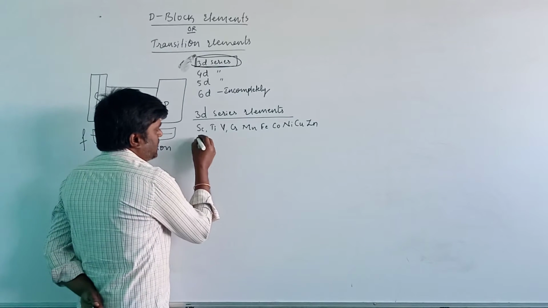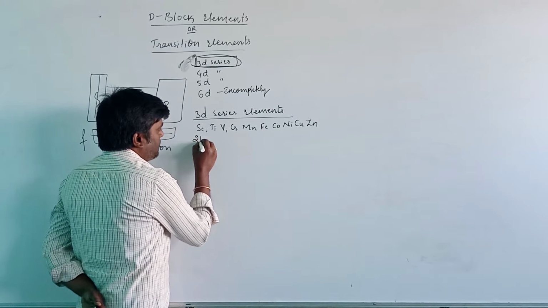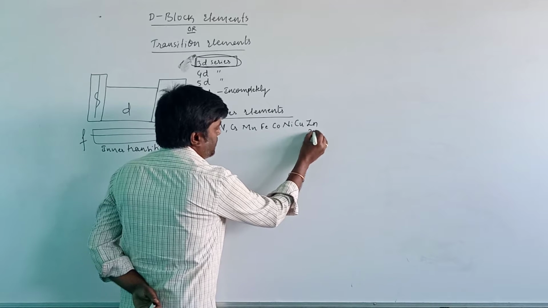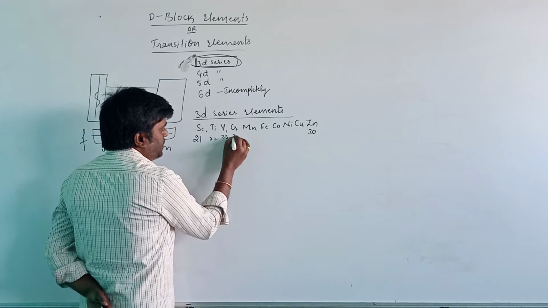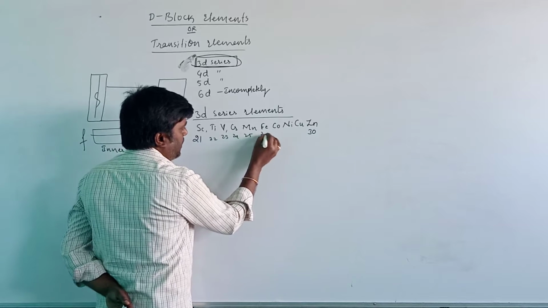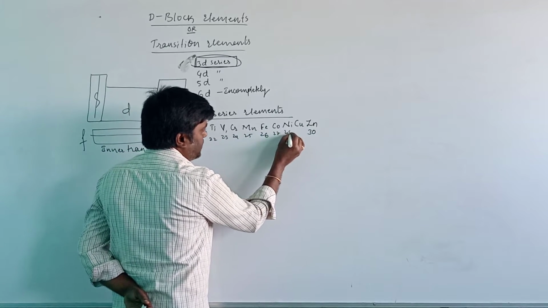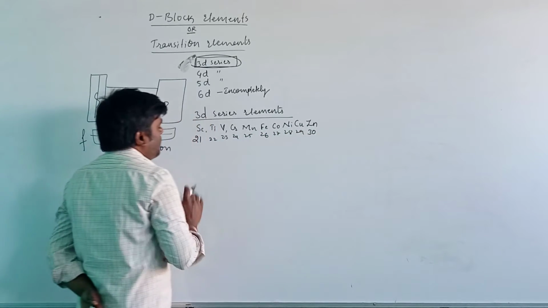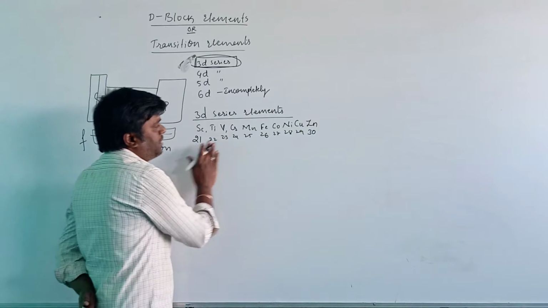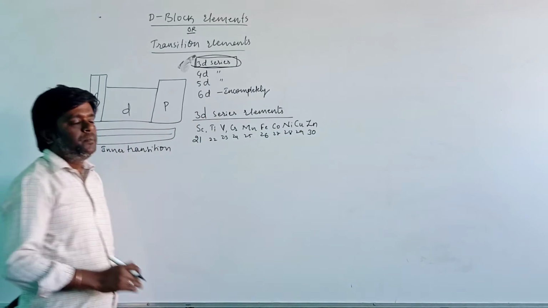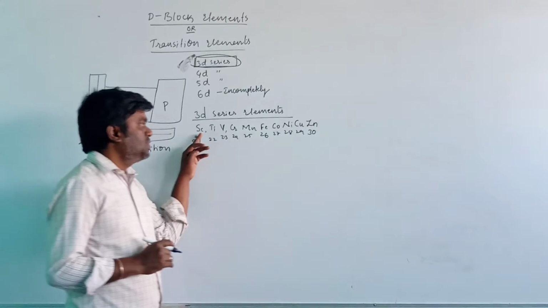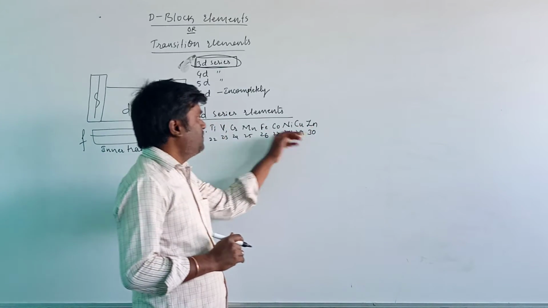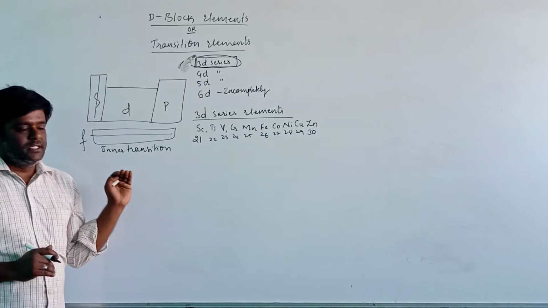In the 3D series elements, the atomic number lies from 21 to 30, that is 21, 22, 23, 24, 25, 26, 27, 28, 29, 30. From scandium to zinc are known as 3D series elements.